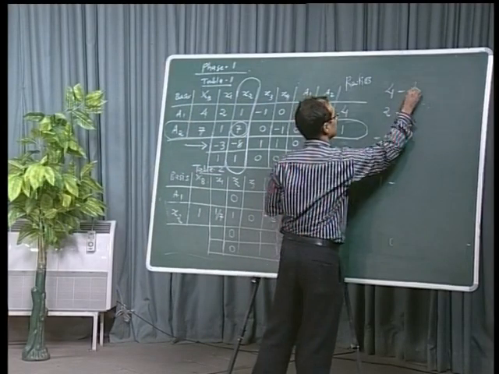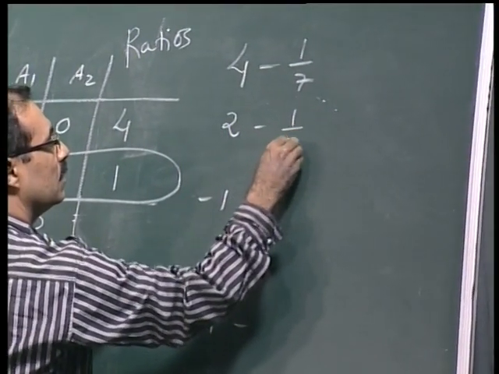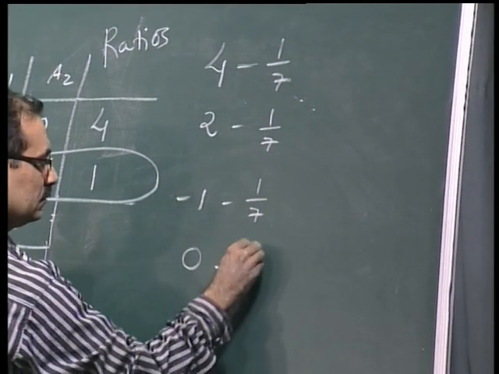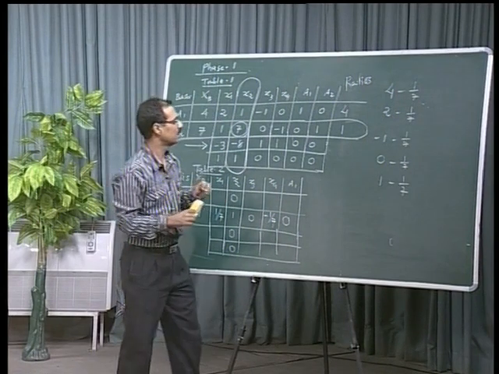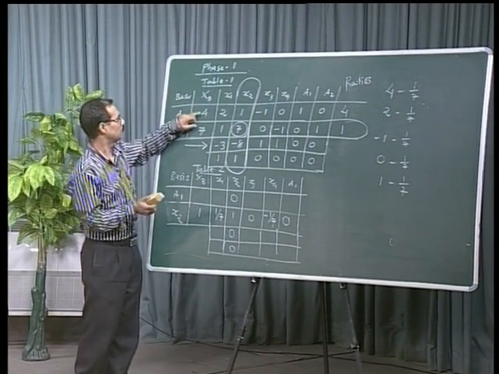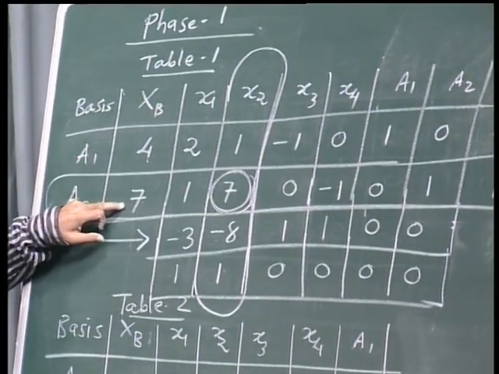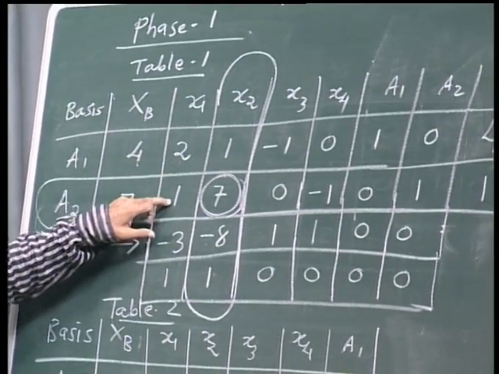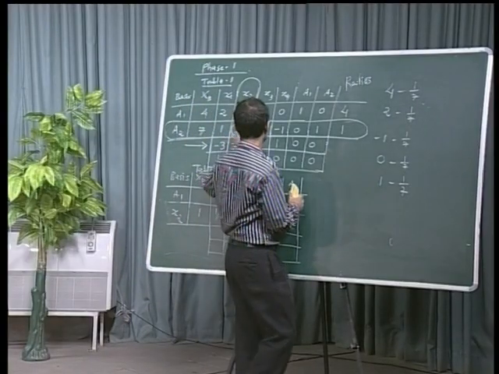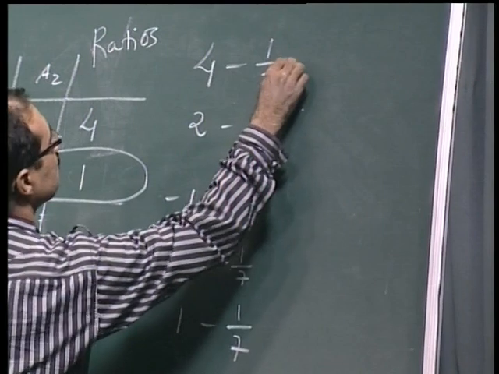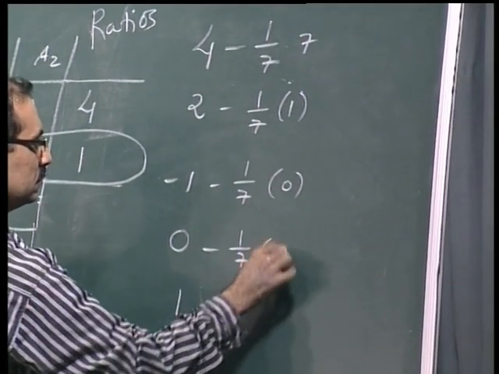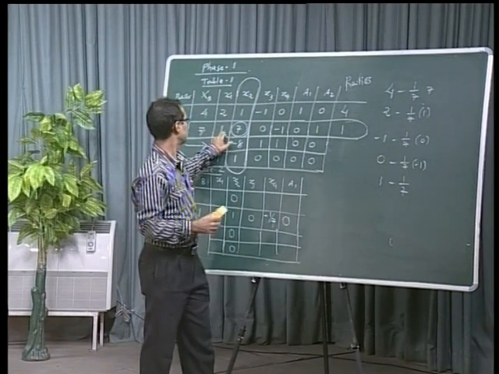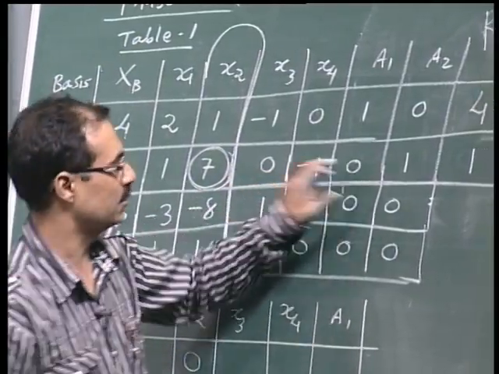So, it is 1 by 7 everywhere, and then corresponding elements of the selected row. For number 4 it is 7, for number 2 it is 1. So, it is in fact 7 1 0 minus 1, 7 1 0 minus 1 and 0.